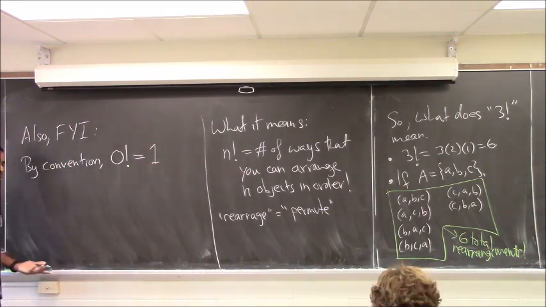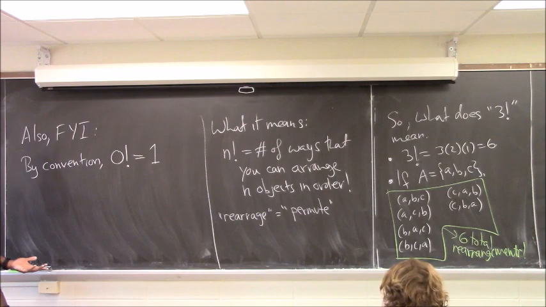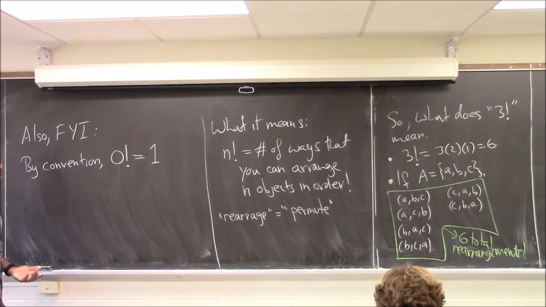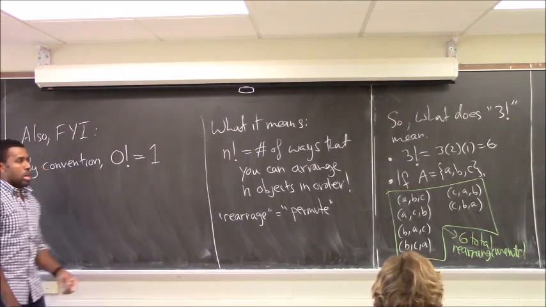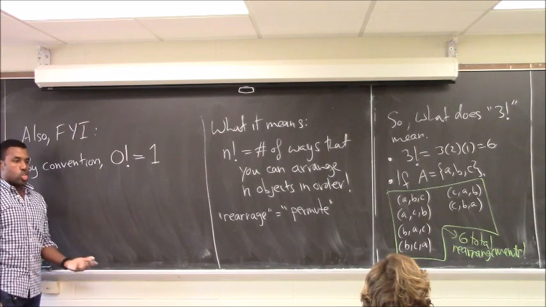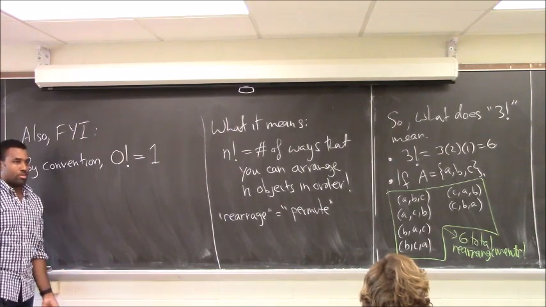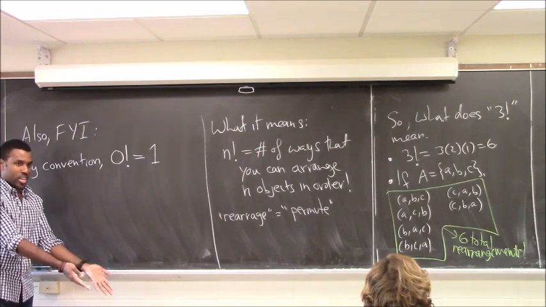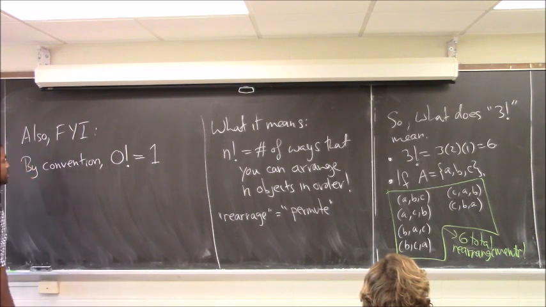Now there are many reasons why we want it to be 1. First of all, you can think of it in this language. How many ways can you rearrange no objects? 1 way, it's nothing, it's what it is right now. That's all it'll ever be.